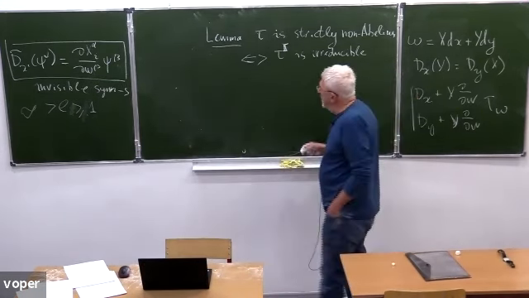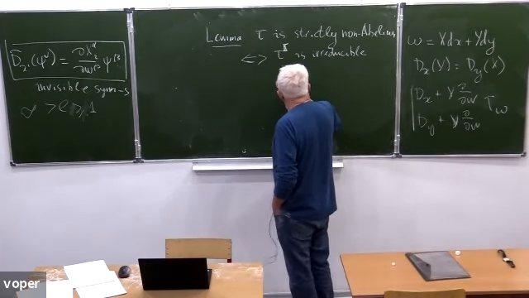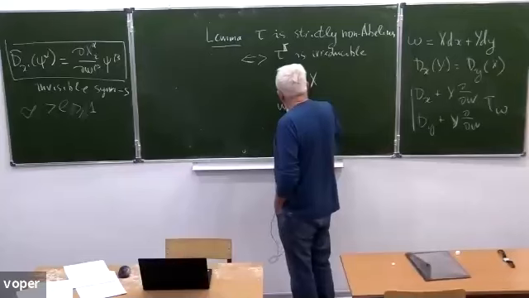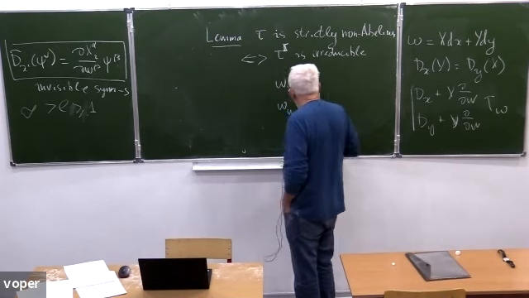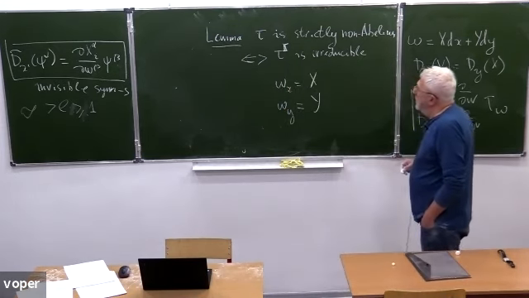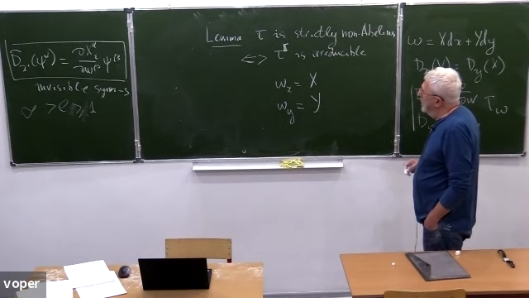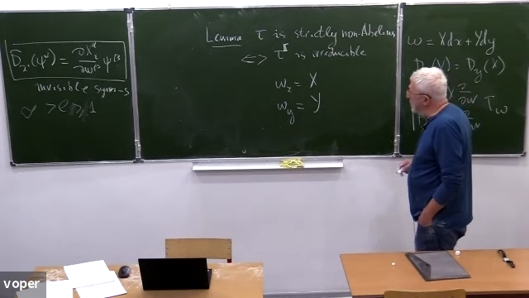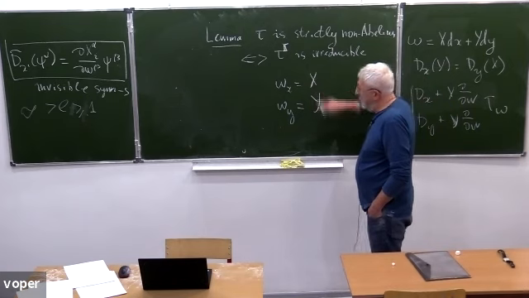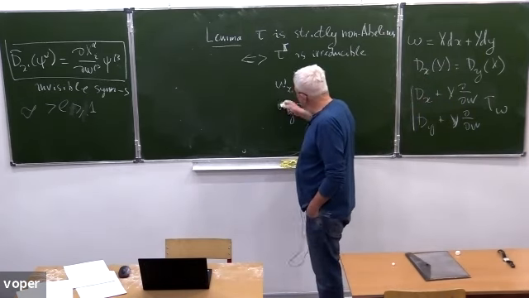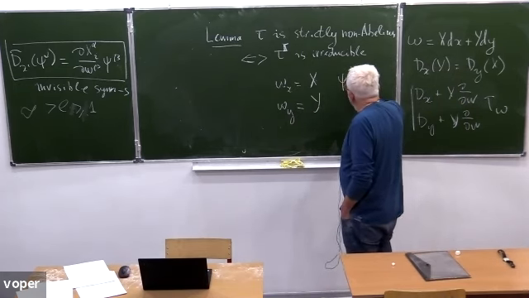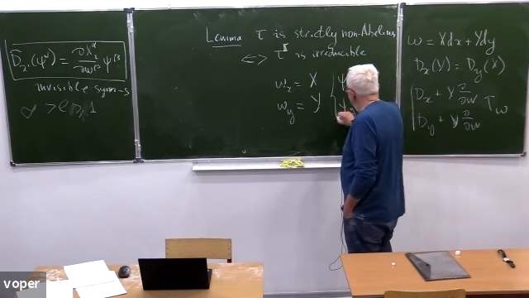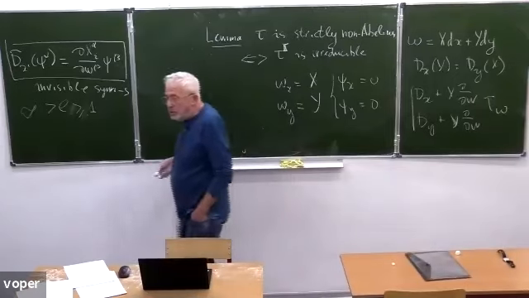If we have an abelian covering, which means that these terms are independent of W, then its linearization is obviously reducible. You can solve this system.